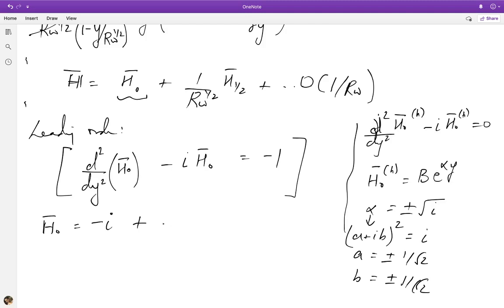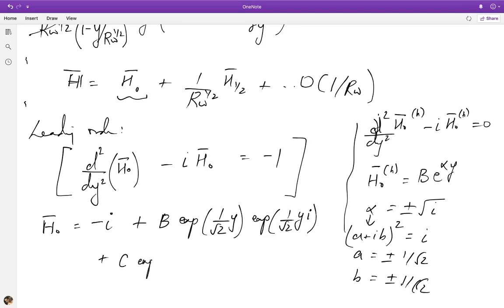So the solution then becomes this plus some constant b. I'll first take the positive root of alpha, plus another constant times the negative root.